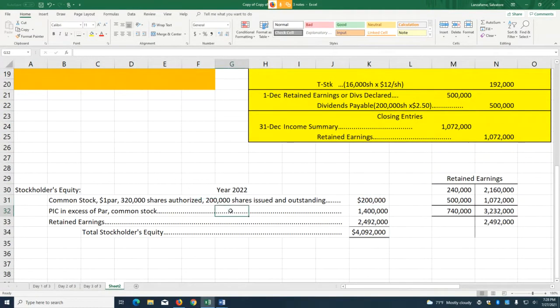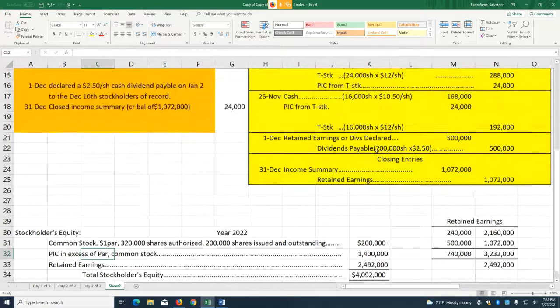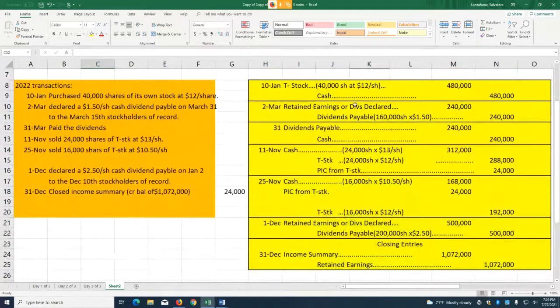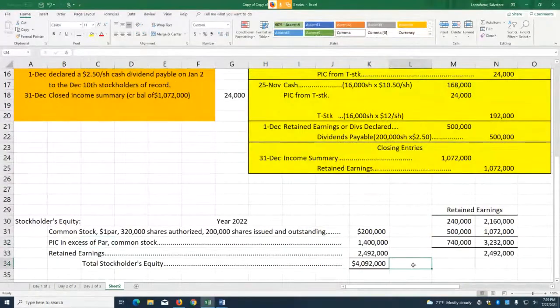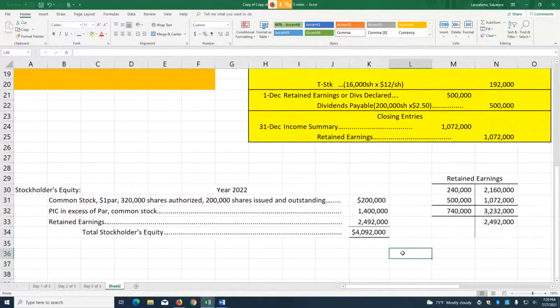Those 200,000 shares went down to 160, but then they went back up, so that's going to remain the same. PIK in excess of par: I do not see any. Yes, there's PIK from Treasury Stock, but that is not PIK in excess of par. So your new stockholders' equity, the only thing that changed was the retained earnings. So it would be the 4092.